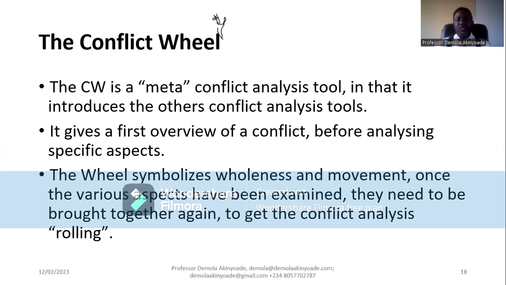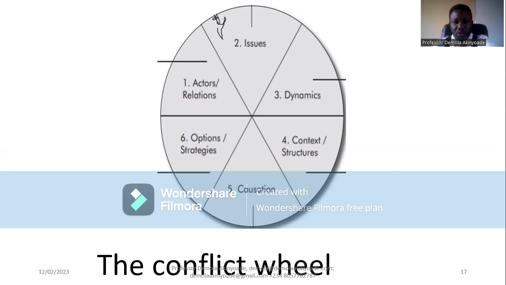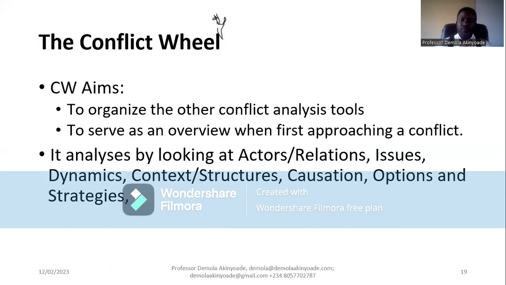So with the conflict wheel, in each sector, under actors and relations, you ask, okay, what tools will I use? Oh, I will use conflict map. I will use this, I will use that, and so on. So you put conflict map in that sector, and then you use the map to analyze the actors and their relationships.